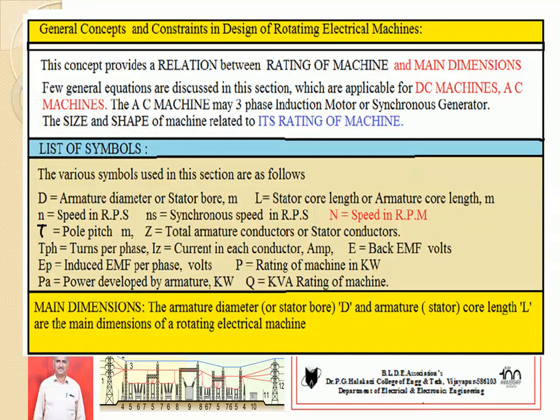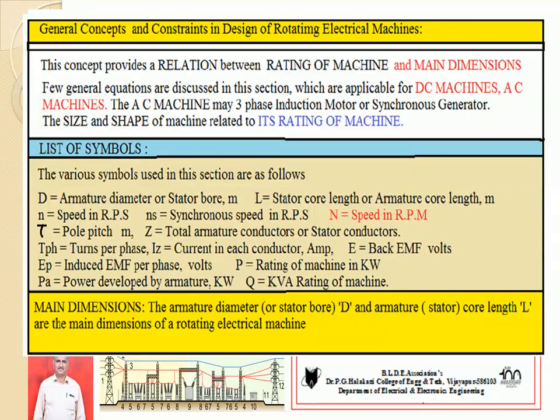N be the speed, in revolutions per second. Ns is the synchronous speed, again in revolutions per second. In usual problems we have to express N in revolutions per minute, that is capital N, and synchronous speed in RPM be the Ns. Ns equal to 120 F by P, where Ns is in RPM.